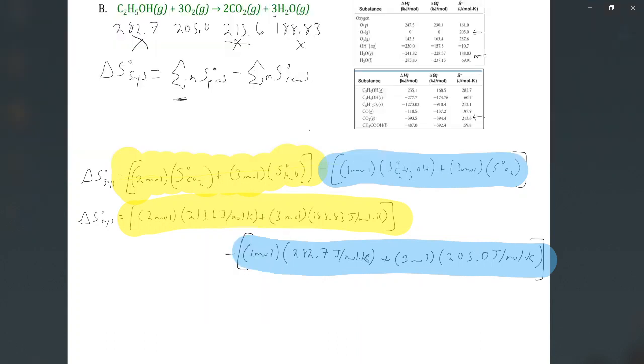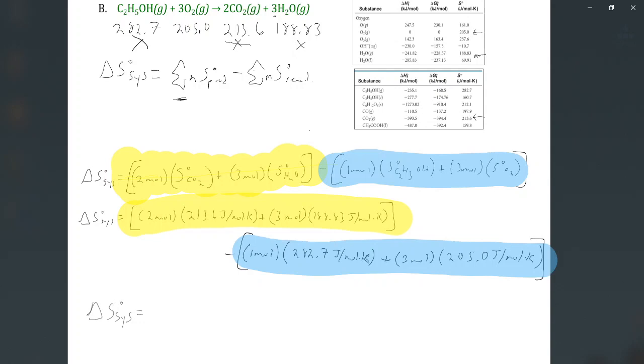Okay, so now let's actually solve this problem. If you go through and you do the addition, the multiplication, the addition, you should end up with something that looks like this. Can you guys still see? Yes, okay. So you should end up with delta S naught of the system. We're at standard conditions, we're talking about the system.